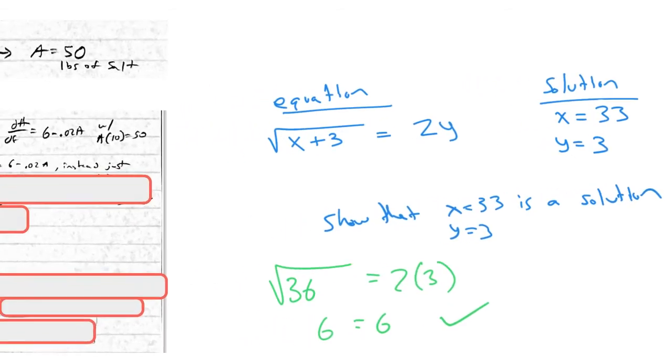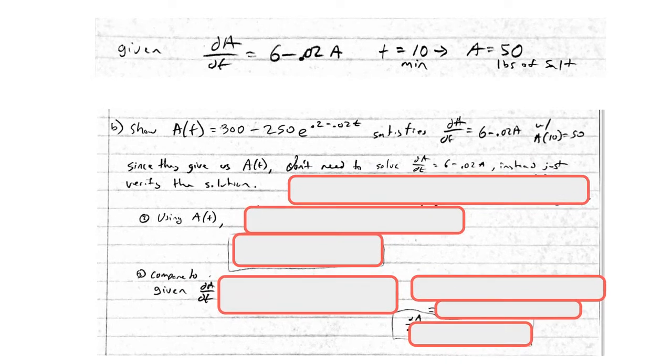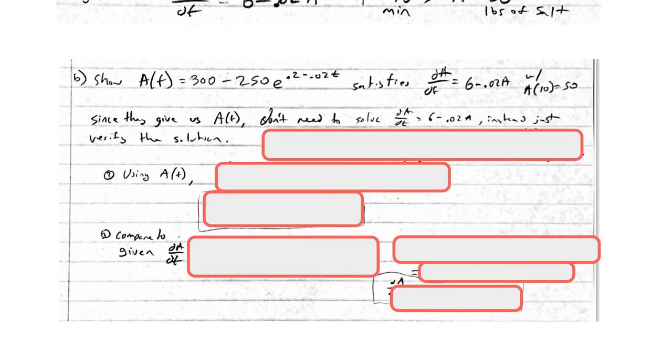That's essentially what we're trying to do here. We're trying to show that this is a solution. So here's my original equation, here's my solution. Ultimately what we're doing is plugging this into there to show that it works.